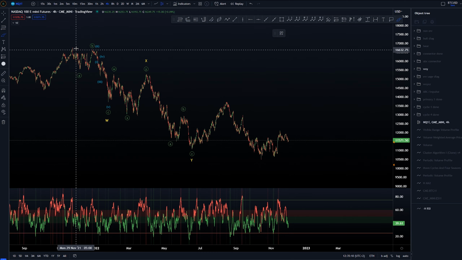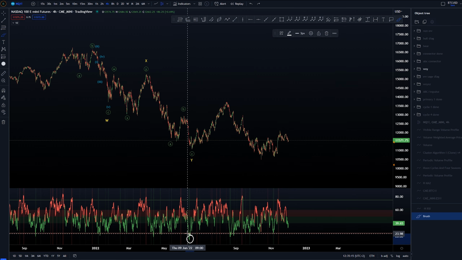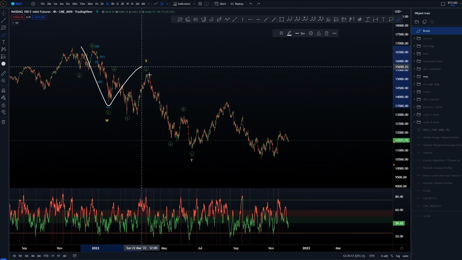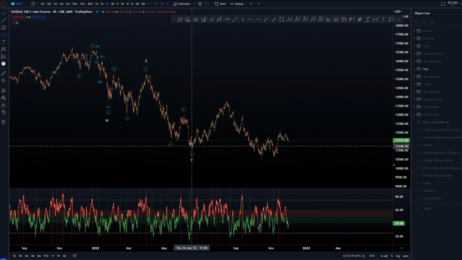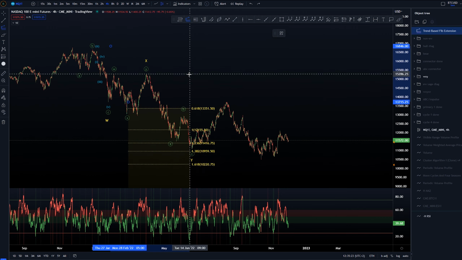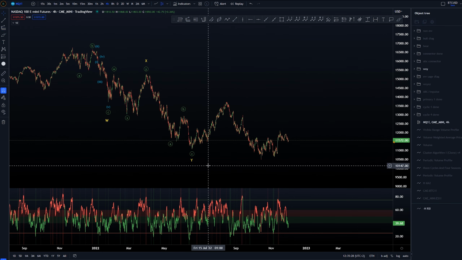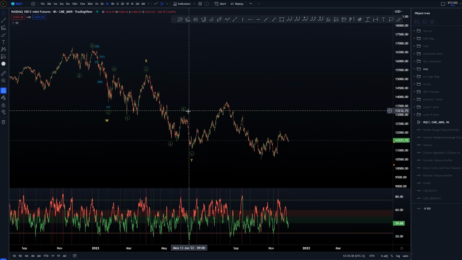Then after this point, we have this three-way structure complete. Again, we had new lows here, meaning that most likely this is an end of something at the very lows. As for the extension targets, we have not been anywhere close to 1.618, so we don't need to be looking into the possibility of having this as a 1, 2, 3.